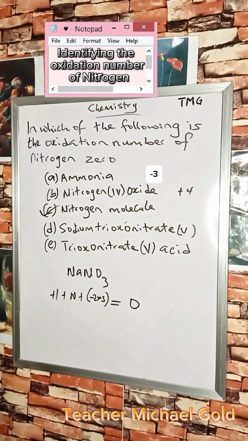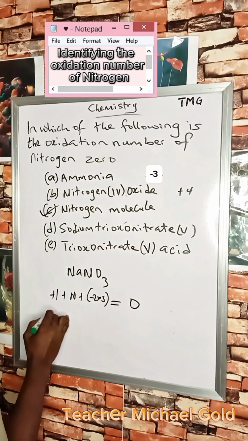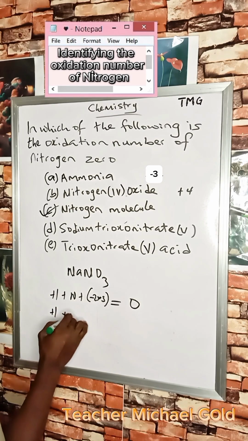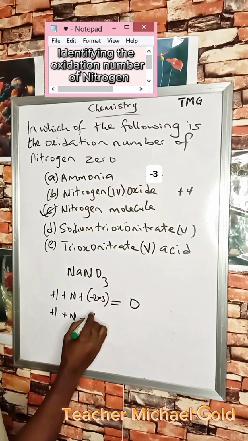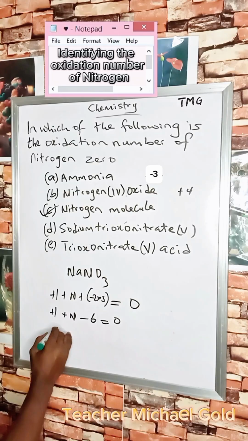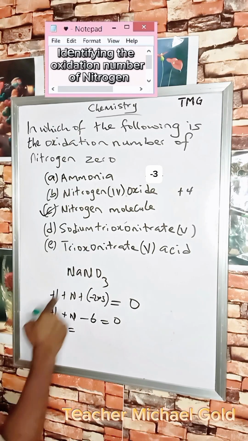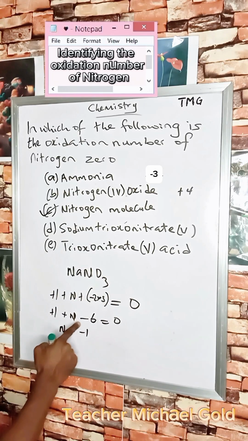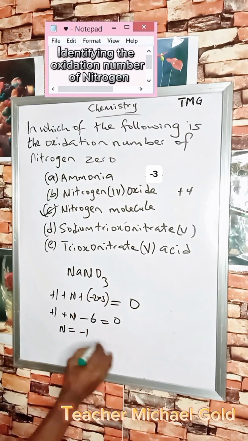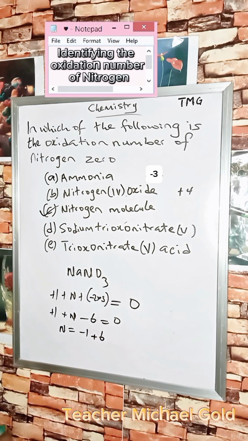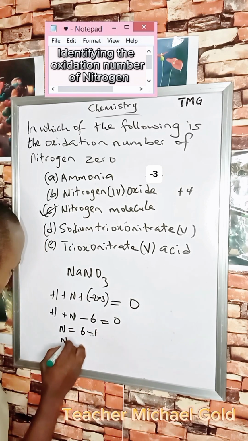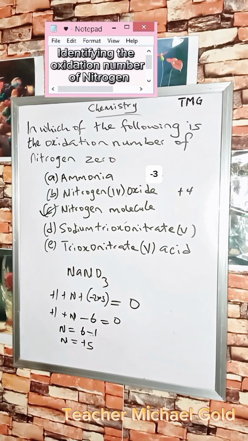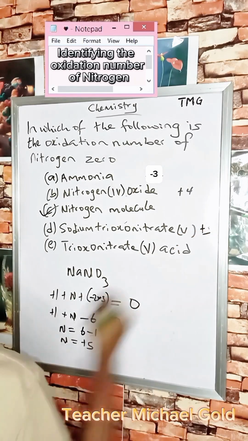So we have +1 plus nitrogen, -6, is equal to 0. Nitrogen is equal to, when +1 crosses the equals sign it becomes -1, and when -6 crosses it becomes +6. So 6 minus 1 is equal to +5.